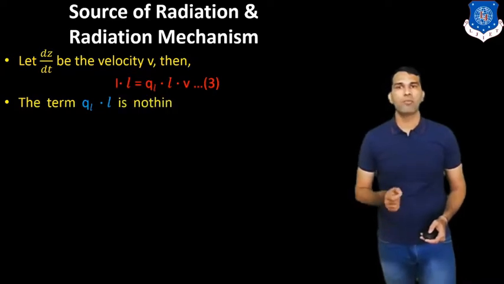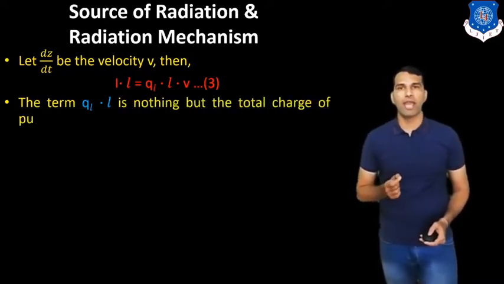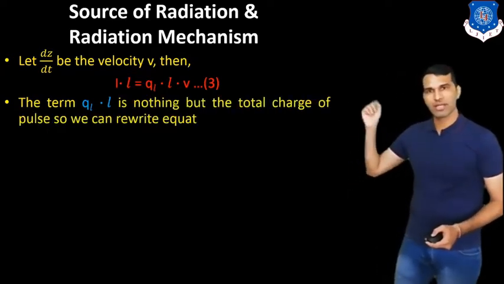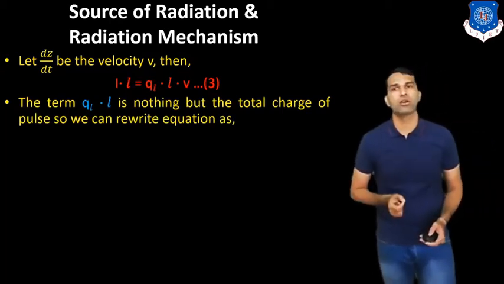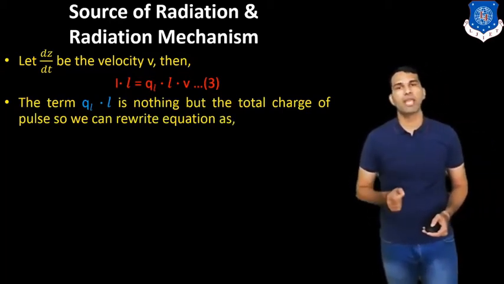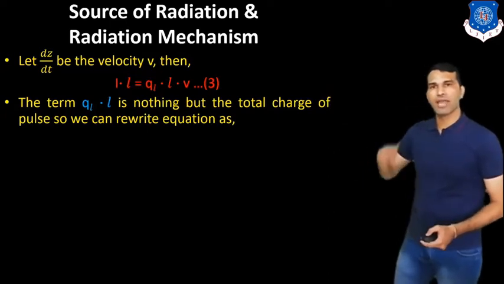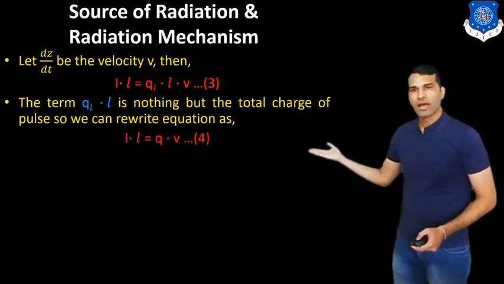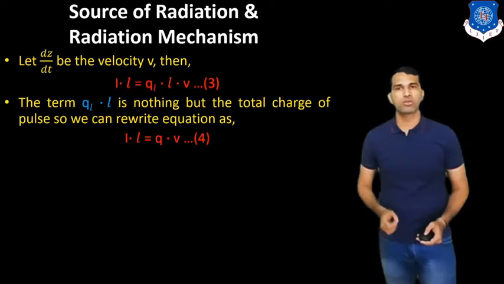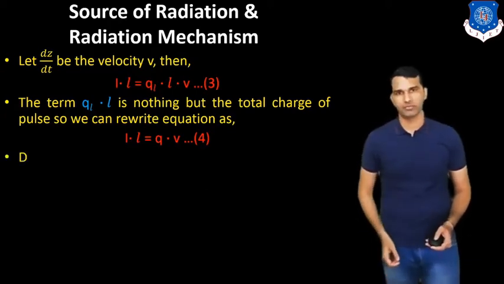The term QL into L in this equation is nothing but the total charge of the pulse. So we can rewrite equation number 3 as I L equals Q v.